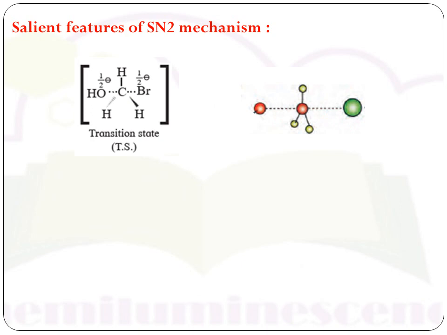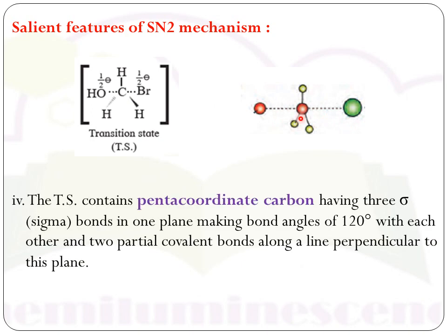You can see this is the central carbon atom and these are the 3 groups bonded with 3 sigma bonds which lie in one plane. The nucleophile and the leaving group are perpendicular to this plane and opposite to each other by partial bonds.